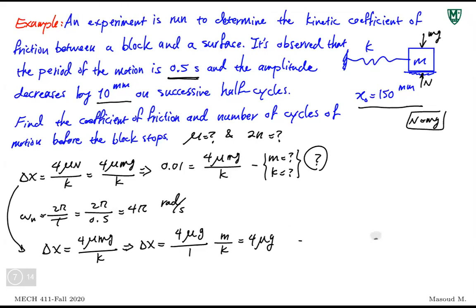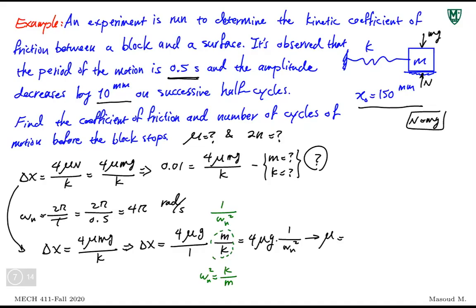What was omega n? Square root of k over m. This is m over k, so this is 1 over omega n squared, because we know omega n squared is k over m. Now it makes sense. Now from there I can find mu.